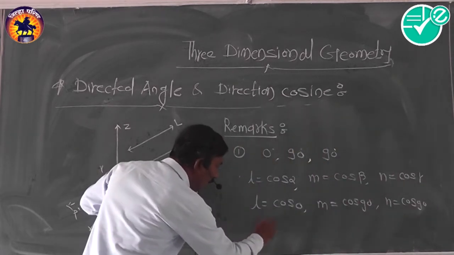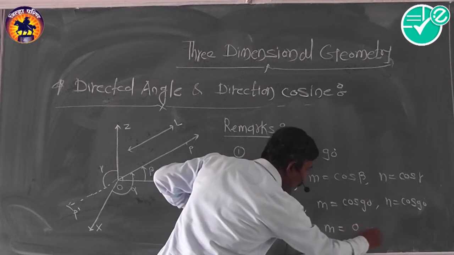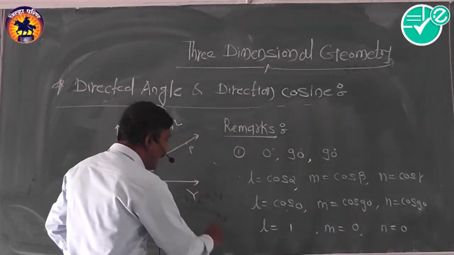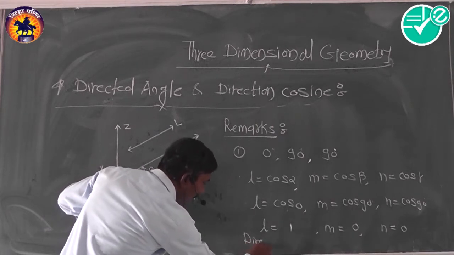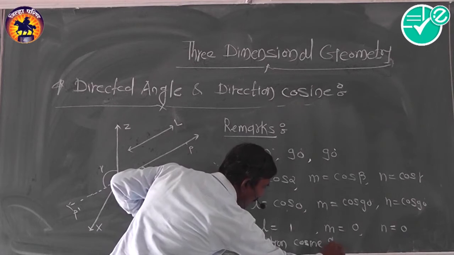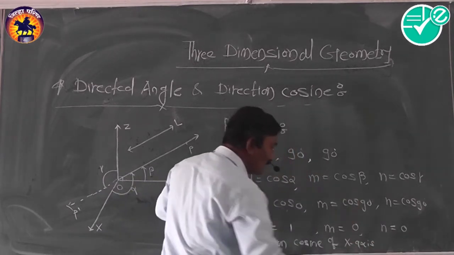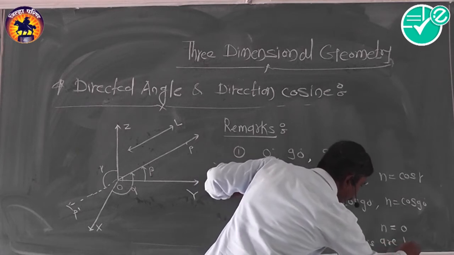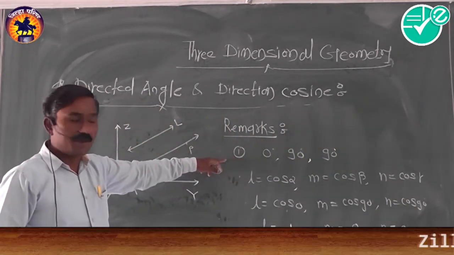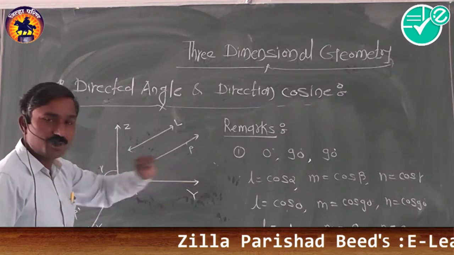The value of cos 0 is 1, cos 90 is 0 and cos 90 is 0. Therefore the direction cosines of the x-axis are 1, 0, 0. This is our first remark.